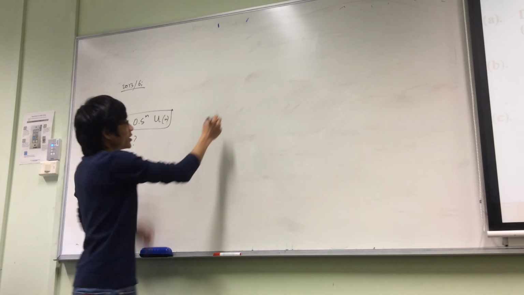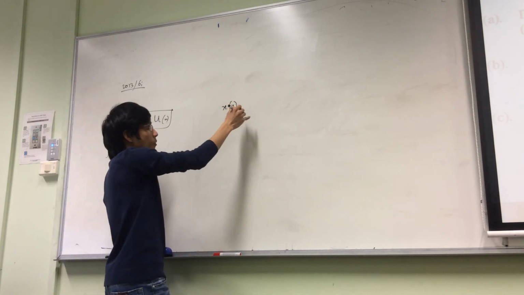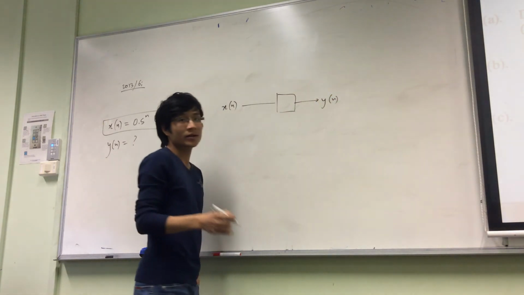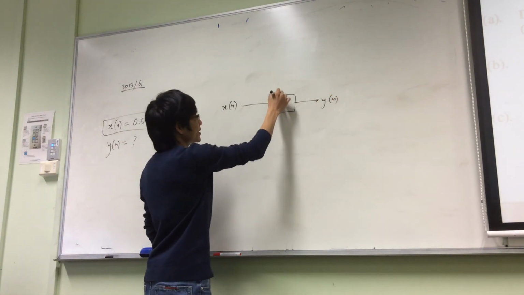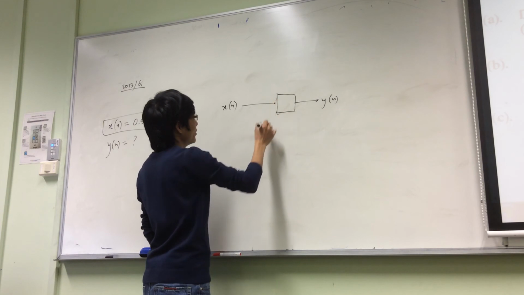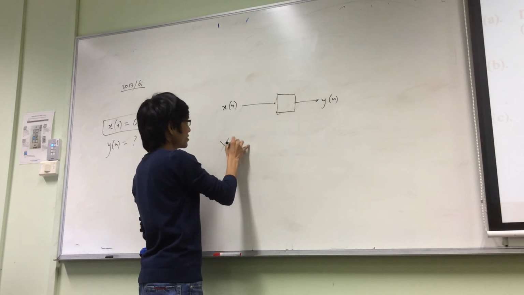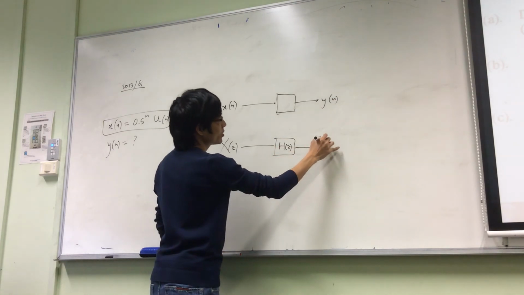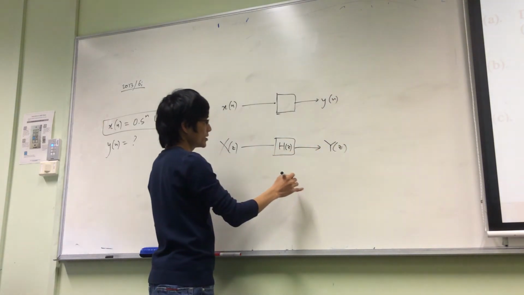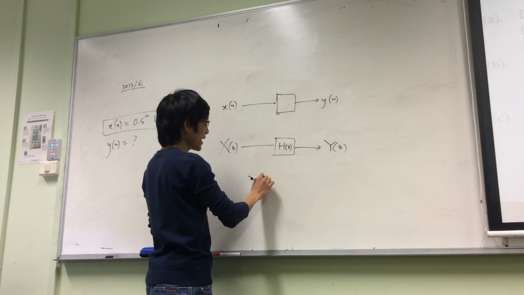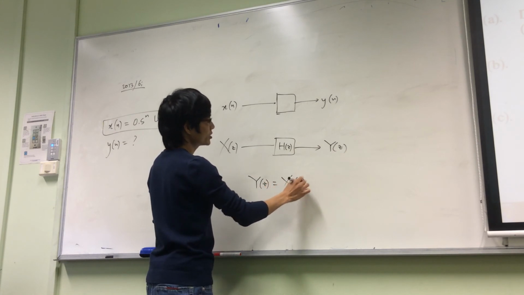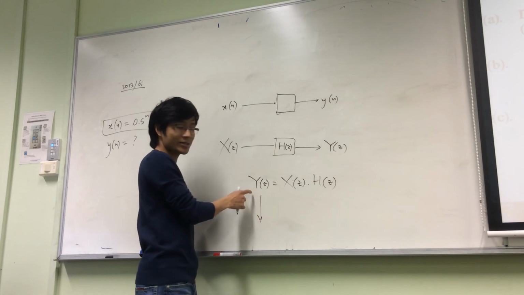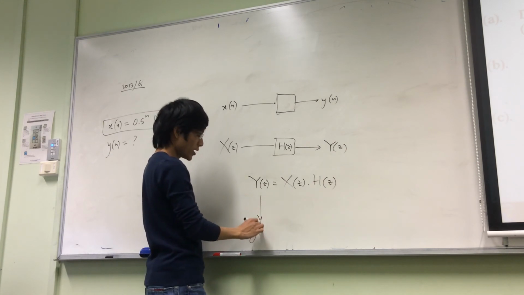So you got xn here, you go through the system and you got yn. Technically you can say, if I make it xz and go through Hz, I can get Yz. So Yz can be calculated from Xz multiplied by Hz. And then I will just do the inverse z transform of this, which gives you yn.